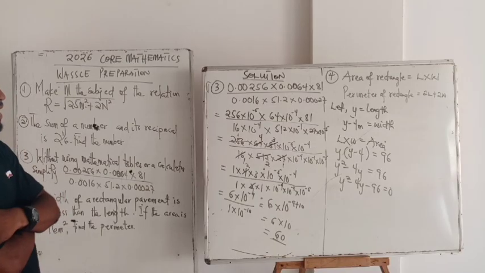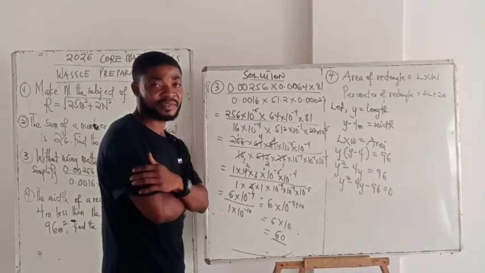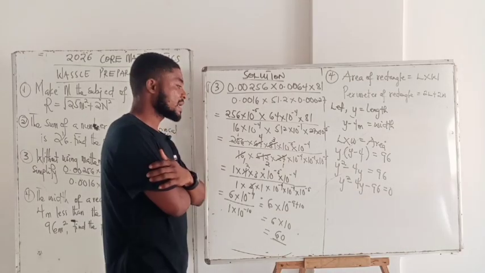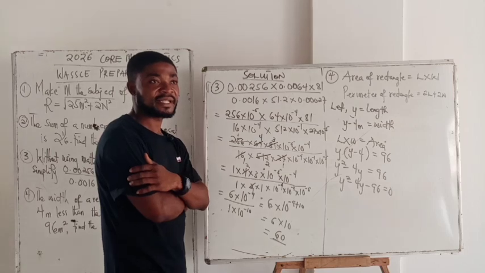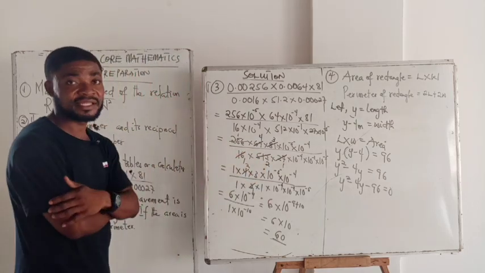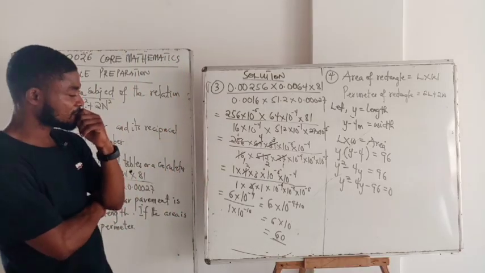Yeah, so this is what I have now. Now I find the factors of 96 such that when I multiply, I get 96, but when I add, I get negative 4. So what factors do you think are going to work in this case? So let's see how we can get these factors now.